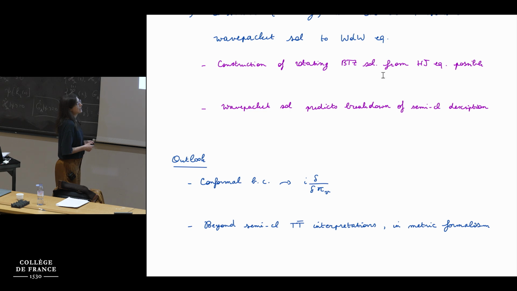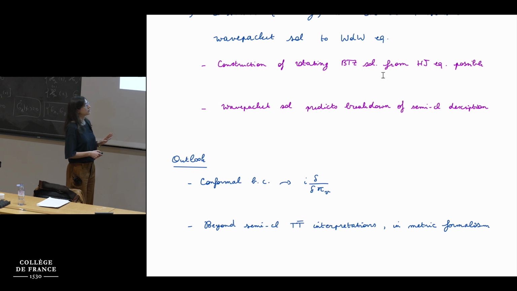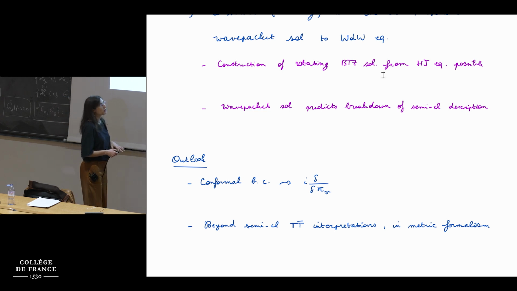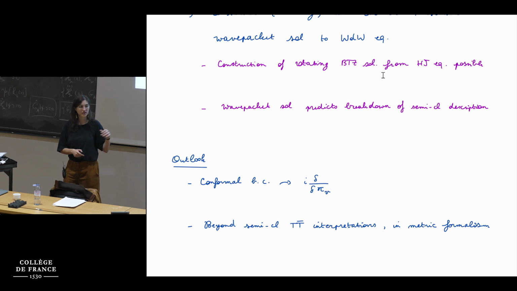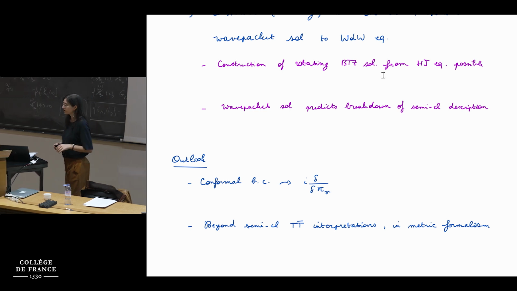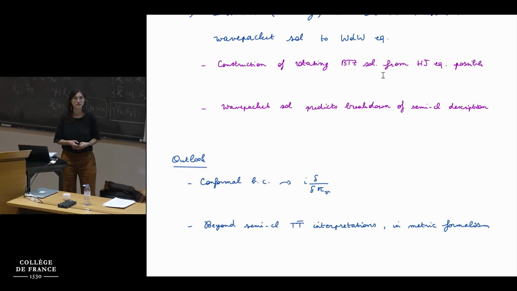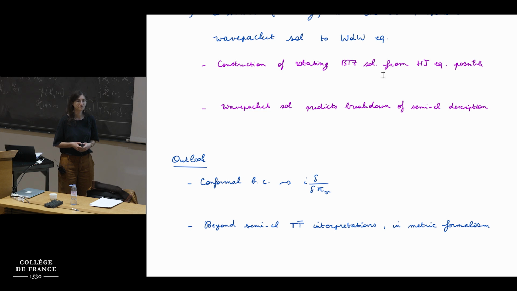That would be one thing. And I'm also interested in beyond semi-classical TTbar interpretations of the radial Wheeler-DeWitt, but particularly in the metric formalism. As I mentioned, the Vielbein formalism is more clear, but the metric formulation is much less clear. So that's all I wanted to say.